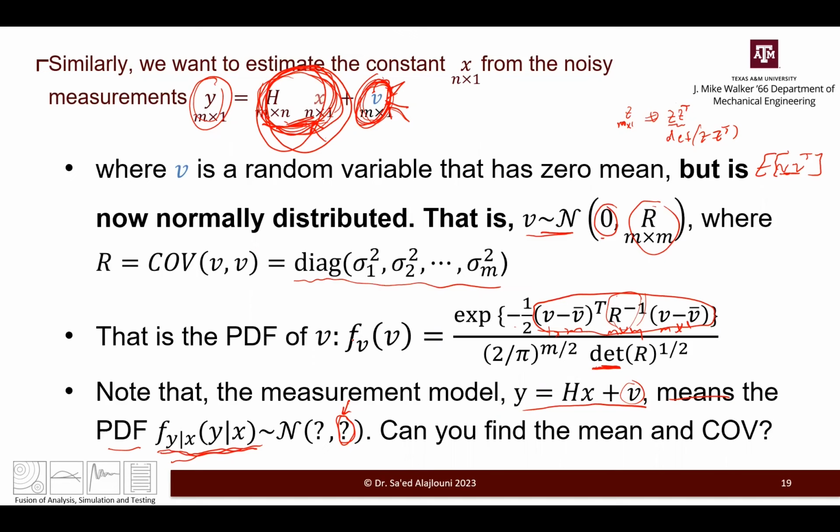What does that mean? At each instant of time, you give yourself the liberty to change that. If you want to have a time-varying covariance, you could do that. But let's get to the recursive estimation, and then that becomes clear.